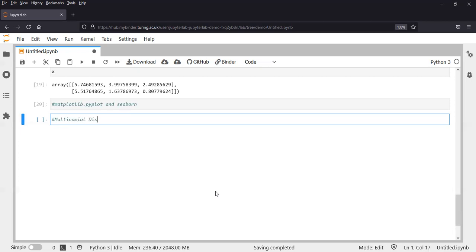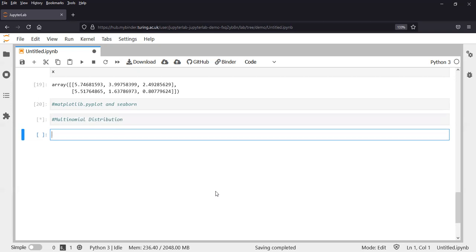Okay, the next one is the multinomial distribution. It's similar to the previous structures: random dot multinomial, n is 6, pvals I will explain later.